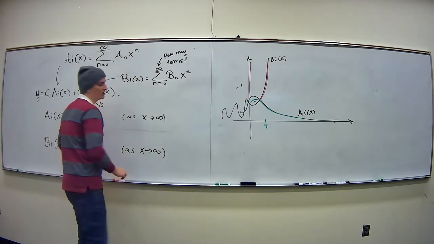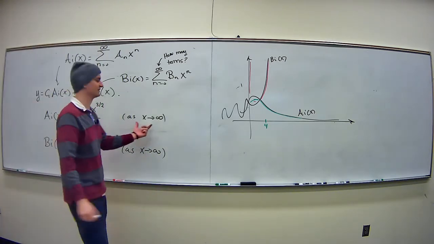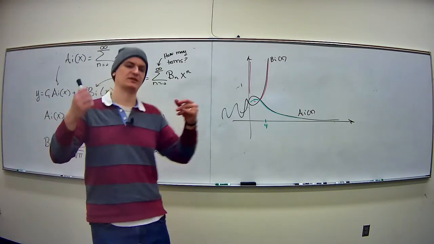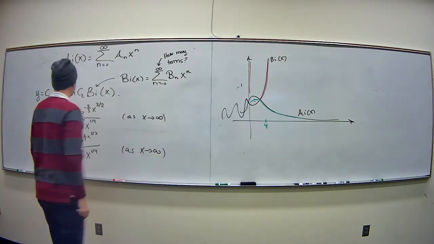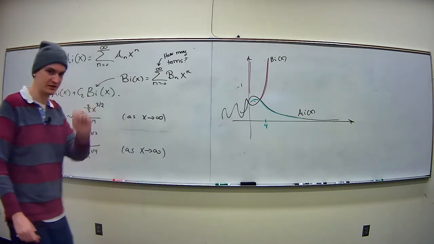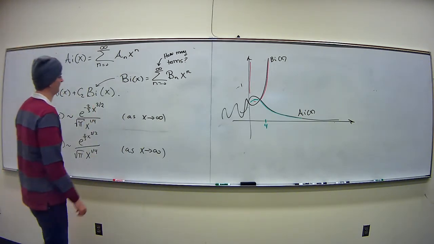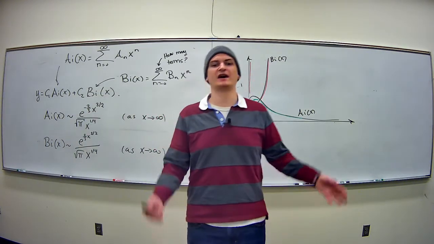So even though in my asymptotic expansion I made this qualifier saying I'm looking for the asymptotic expansion as x blows up to infinity, and I just look at the very first term of it, one term, it matches up perfectly after the value 4.